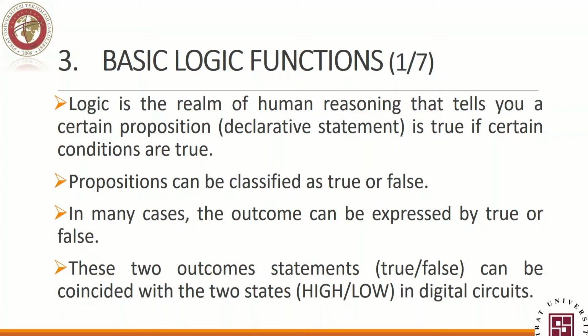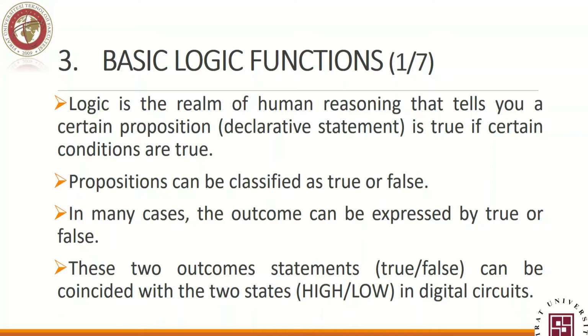Now we say one of two states. Let's just revise what we said last week about two levels. So two states, two levels, high, low. In this case, we say true and false. So do we have any relationship here?